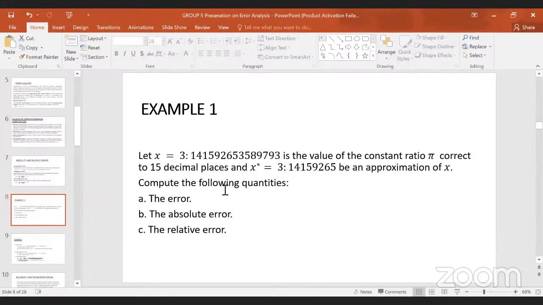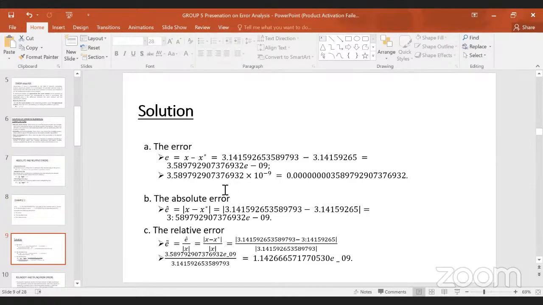We are asked to compute the error, the absolute error, and the relative error. I mentioned earlier that to get the error, you subtract the approximate solution from your exact solution. That is X minus X star. Now this is the solution here. The error is given by E equals X minus X star. And if you are with your calculator and you do this subtraction, we are going to have an answer that spans, that continues.